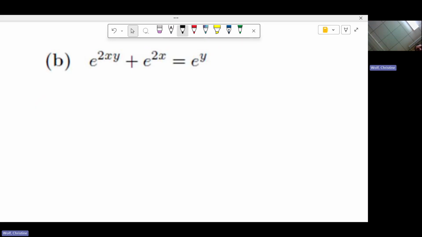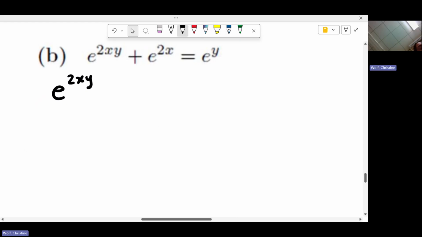First guy. When you take the derivative of something with an e, you recopy it. Don't overcomplicate that. But now I have to take the derivative of the exponent, which is a product law. My product is 2x times y.